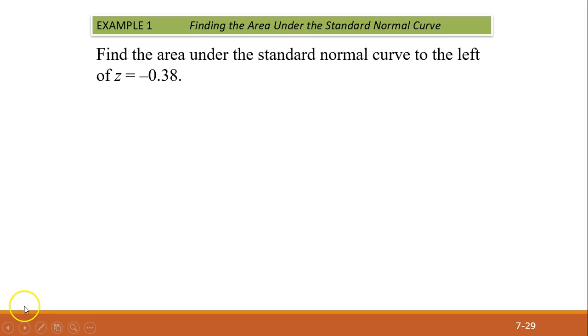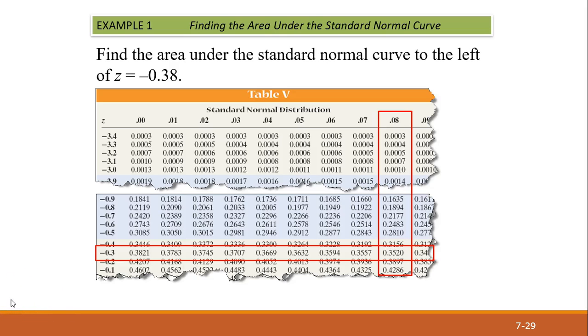Okay, in our first example, it says find the area under the standard normal curve to the left of z equals negative 0.38. So let's look at the z table. Here we have negative values for z.